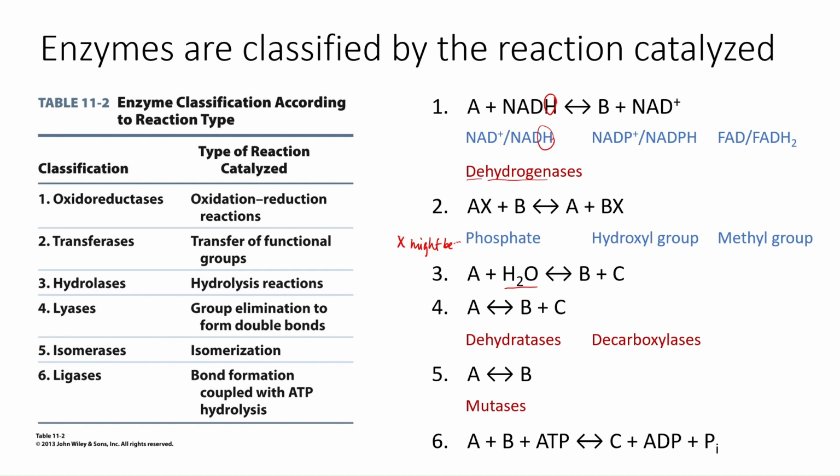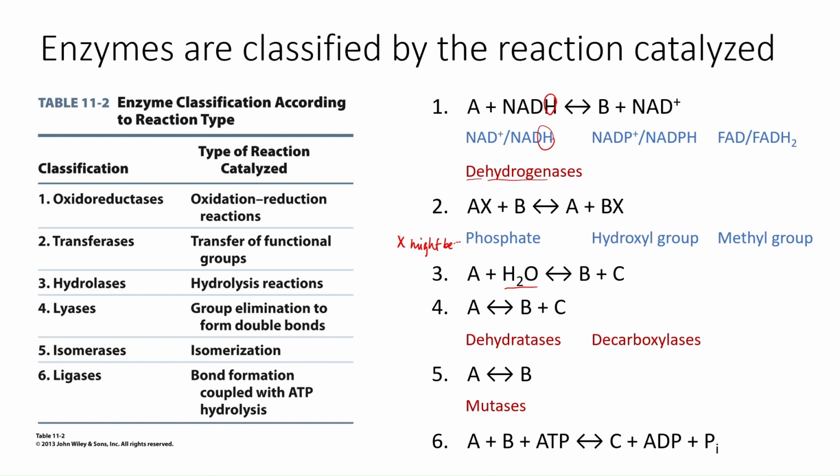So that brings us to our last type of reaction that we can catalyze. This is the formation of bonds, and that is coupled with ATP hydrolysis. The types of enzymes that do this are called ligases. So we have almost the opposite of some of the reactions we saw earlier.